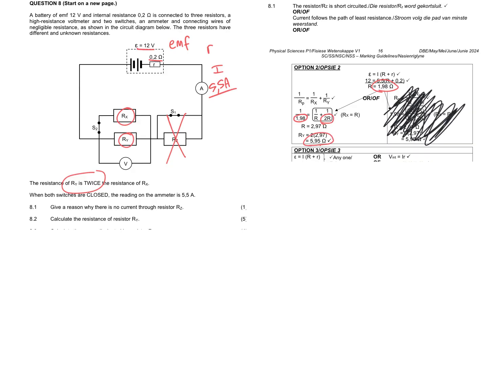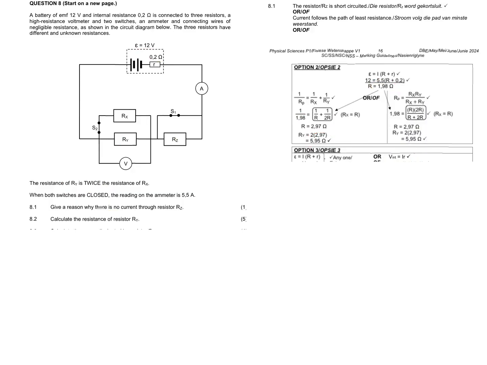I'm not sure we would have known to skip resistor RX, but they do try and tell you here by saying give a reason why there's no current going through RX, then you kind of know that there's no current going through RX, which means you can ignore the resistance of RX. So that one I don't think was too bad, but everyone could have just written this formula and put some of these numbers into that formula and gotten 1 or 2 out of 5.